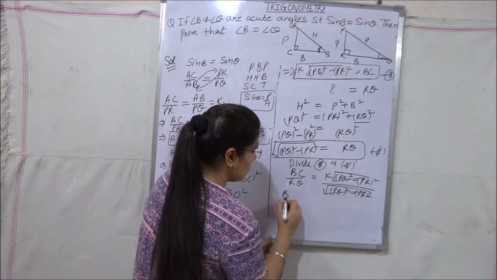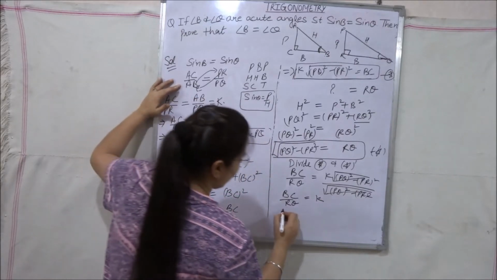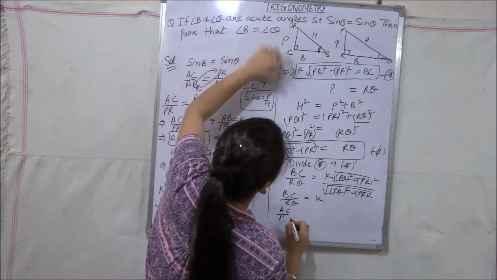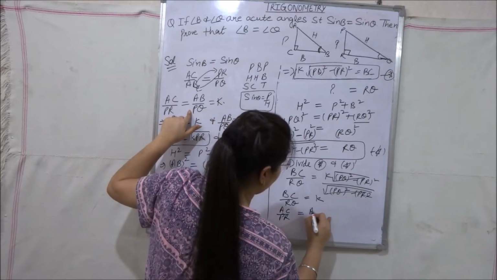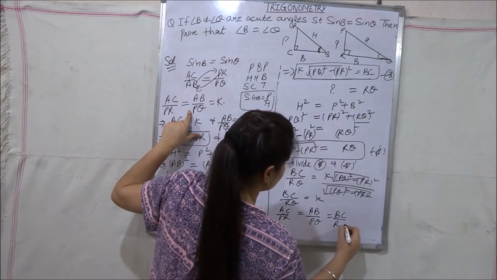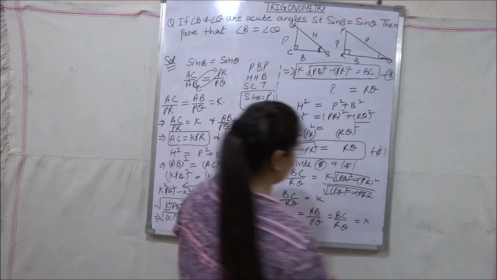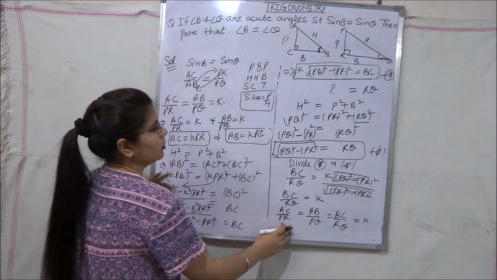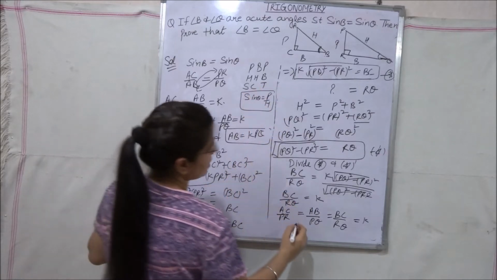Now the value of BC upon RQ is K. So we have AC upon PR equal to AB upon PQ equal to BC upon RQ. All the three sides are in proportion and equal to some constant K. So by the theorem, if the three sides are in proportion, then those triangles are similar.